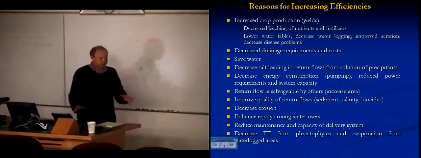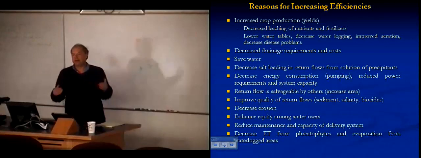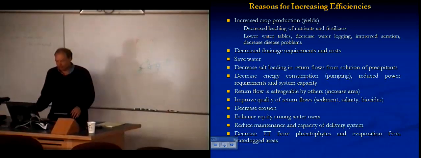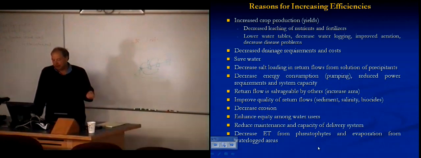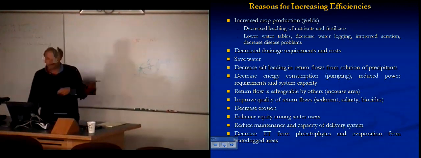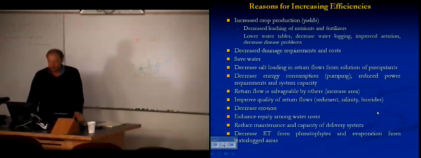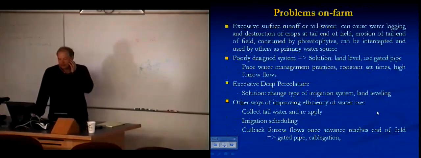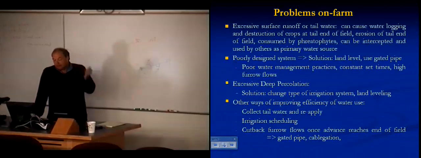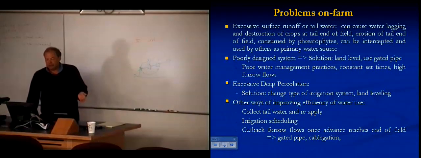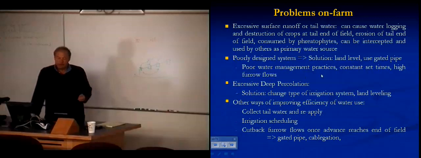That's done a lot in Southern California, for example. The Palo Verde irrigation district, valley, some of these large irrigation districts, to try and improve the application of water, even though it's surface irrigation.